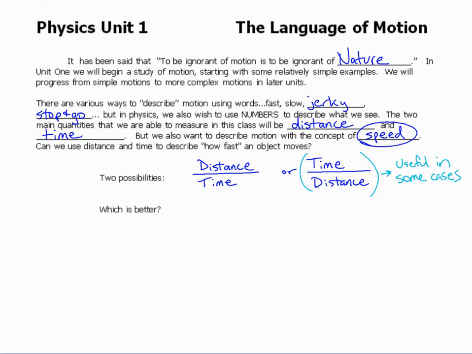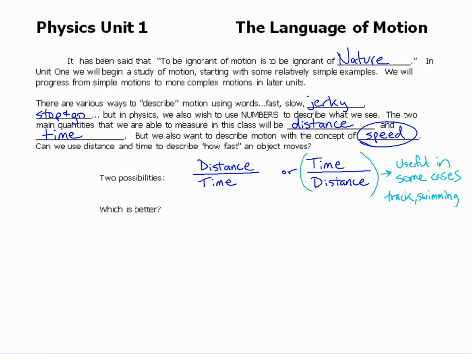Some places where you might see this: track, swimming, cross country, etc. This is where you're talking about things like, I run a 7-minute mile. That's time per distance.